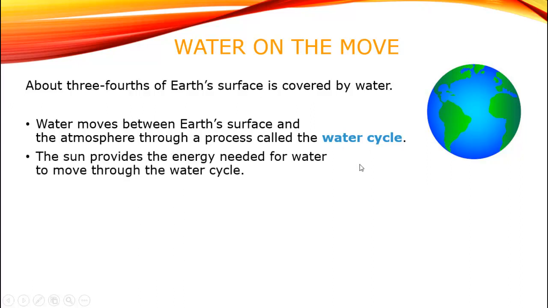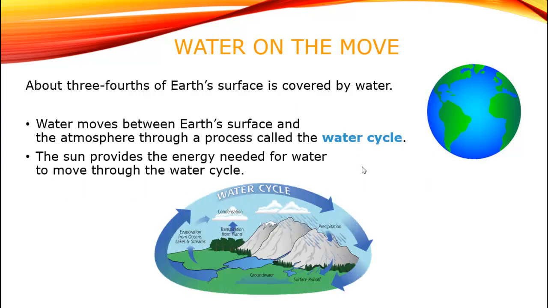The sun provides the energy needed for water to move through the water cycle. And this is our diagram for the water cycle, and we will explain it together.